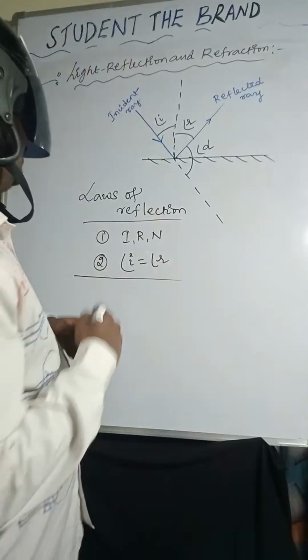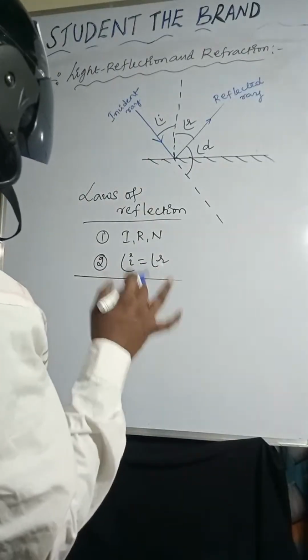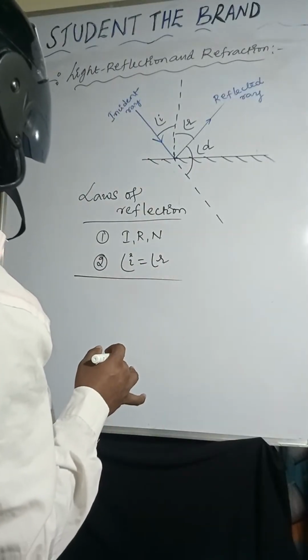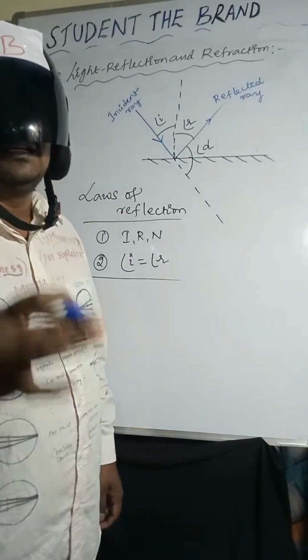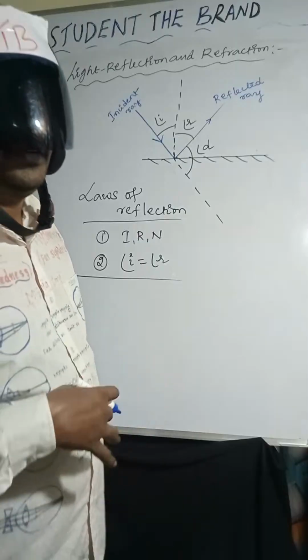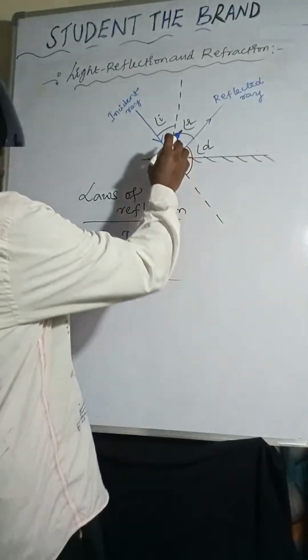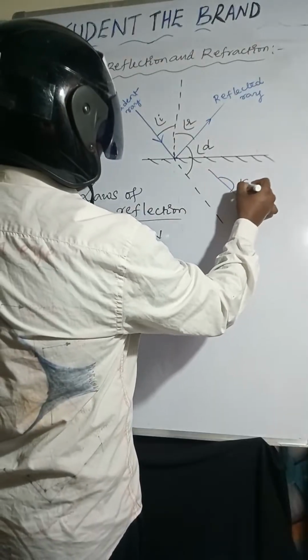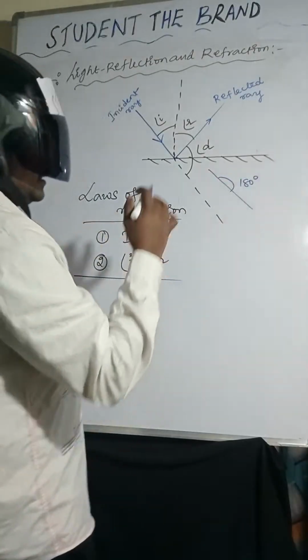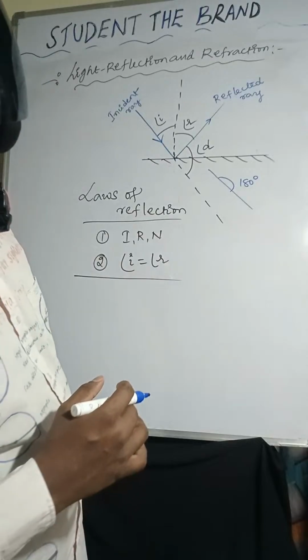Now coming to the next one, laws of reflection completed. Next, we can take angle of deviation. Here the linear angle is 180 degrees, right?